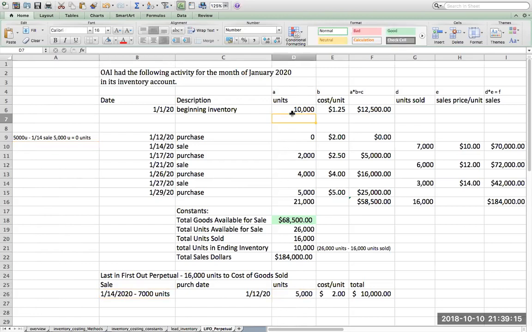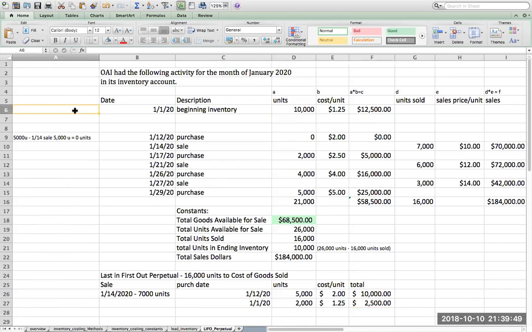I need another 2,000 units, which I pull from January 1st, 2020. I'm going to take 2,000 units at $1.25, so my cost of goods sold for these 2,000 units is $2,500, or a total of $12,500.